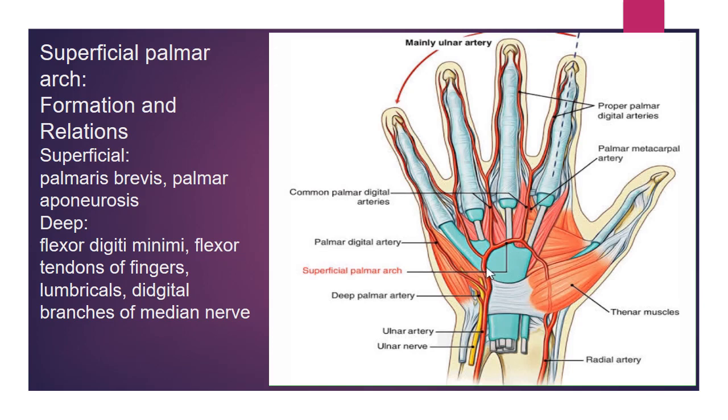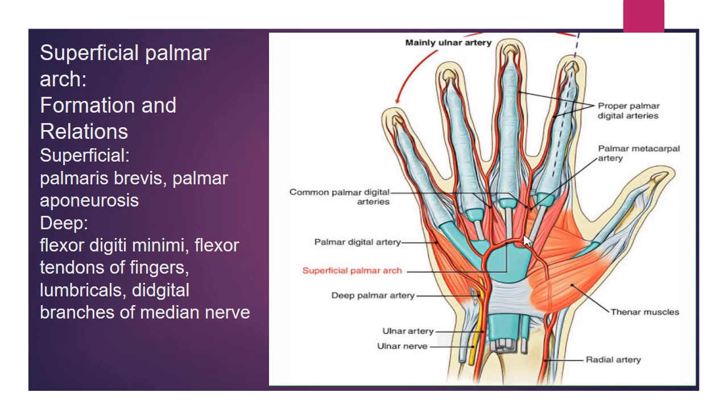The superficial palmar arch forms an important anastomosis between the ulnar and radial arteries. As you can see in this image, the convexity of this arch is directed towards the fingers.